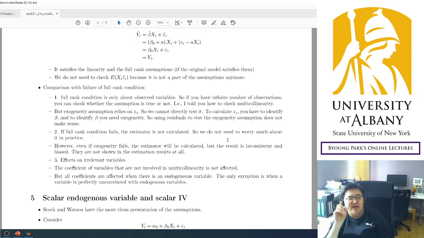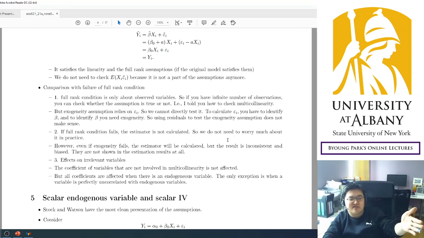However, the endogeneity problem does not cause any computational problem. Even if there is an endogeneity problem in your data, your program will still give you something and does not say anything. It never shows any error message. So you cannot detect it.